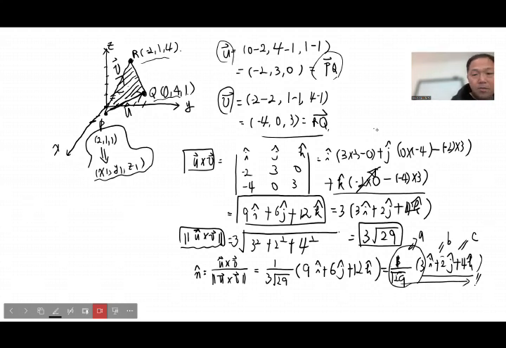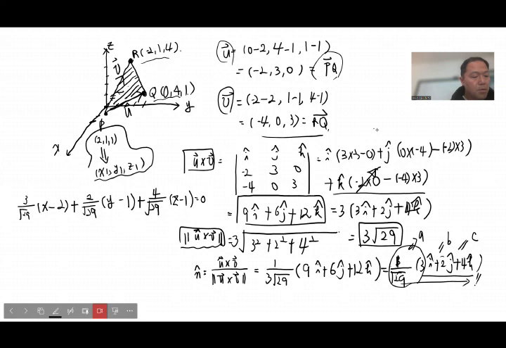So that is now the A is what? 3 over root 29 times (x minus 2), plus 2 over root 29 times (y minus 1), and 4 over root 29 times (z minus 1) equals 0.